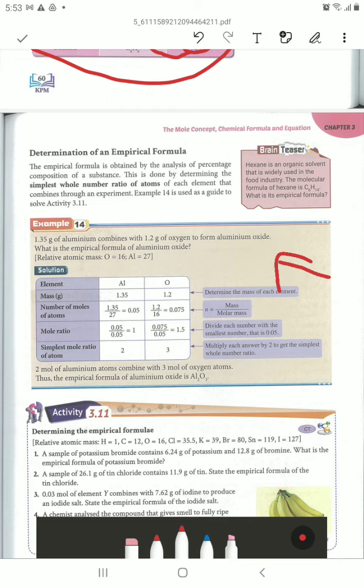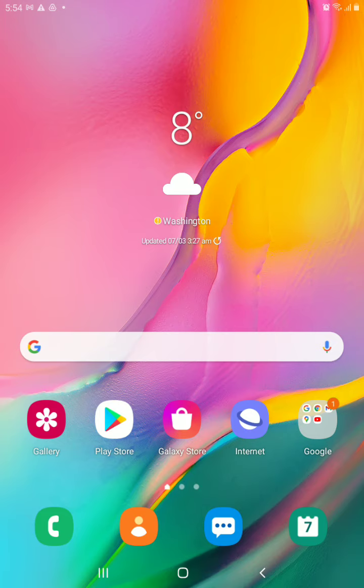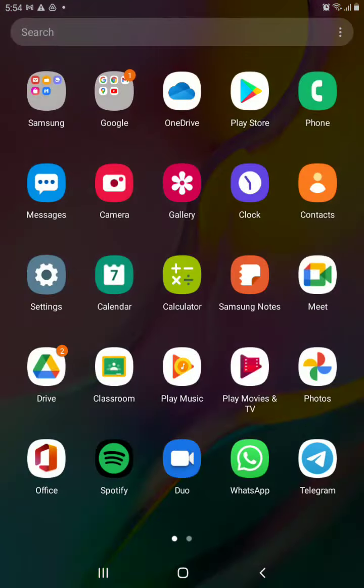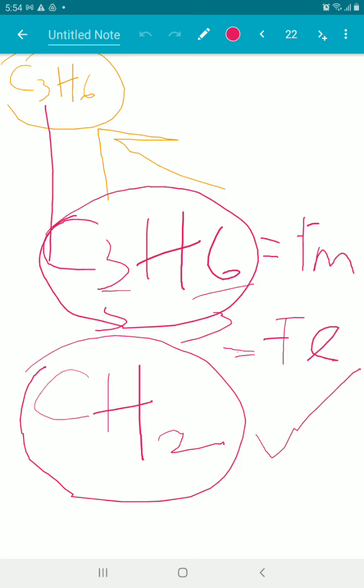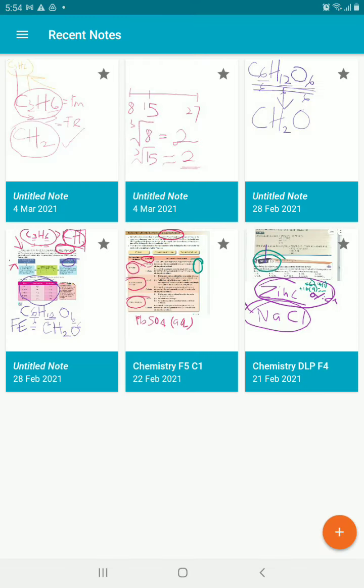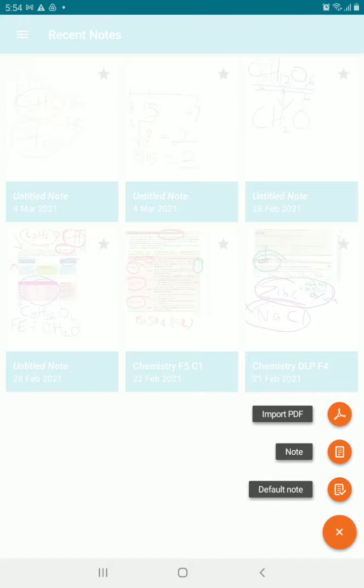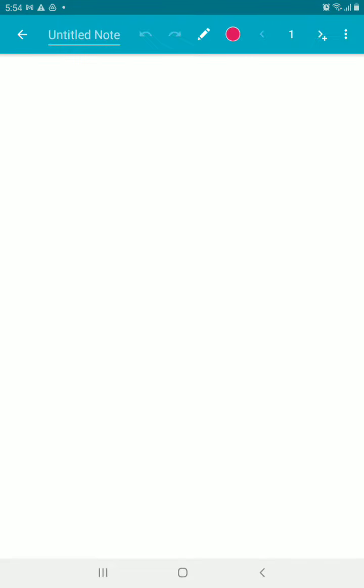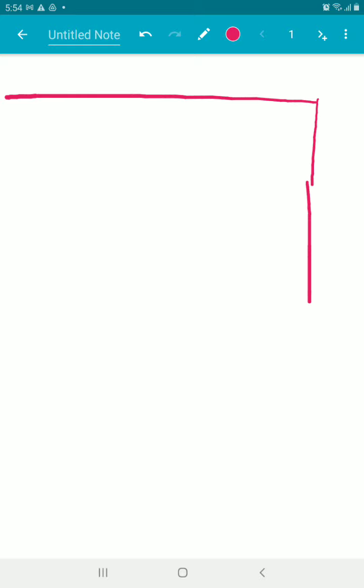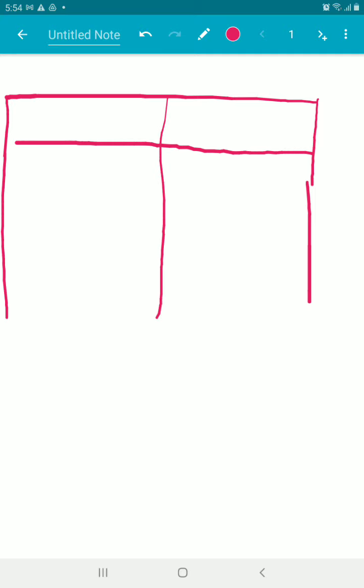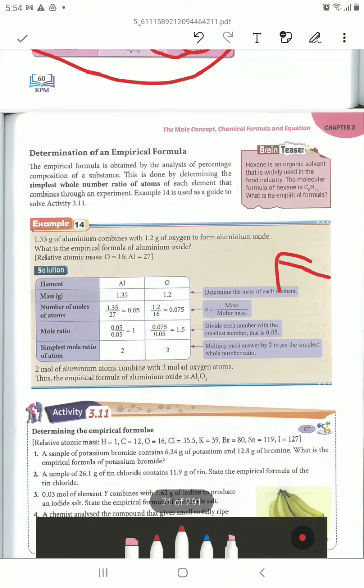The first step is you need to draw a table. Okay, just a moment. So from the table you have a few columns. How do we determine the columns? We look here.